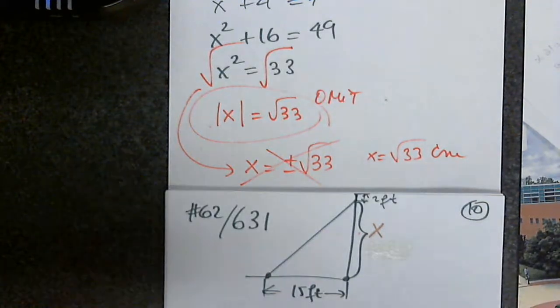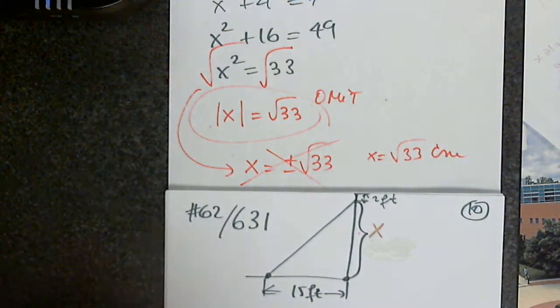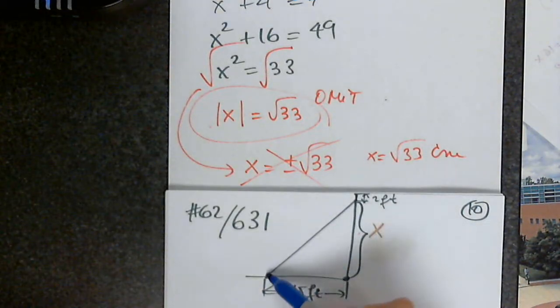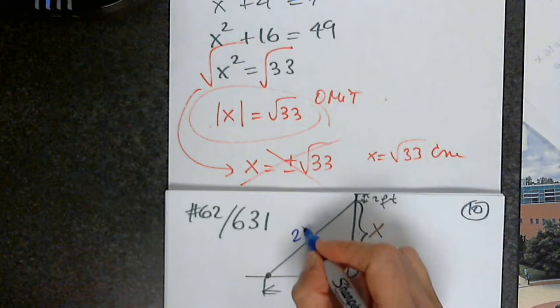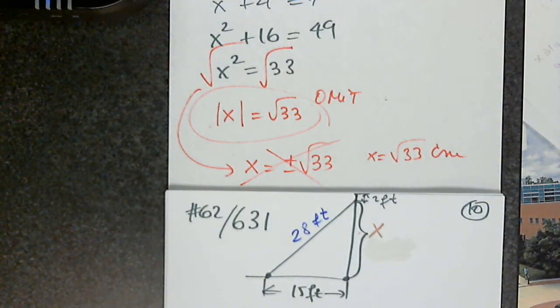Just kidding. Okay, so how long is the wire? We only have 30, but we have to use 2 feet for whatever else. So this must be 28 feet. So we are asked to find x. How high on the telephone pole do they have to attach the wire?